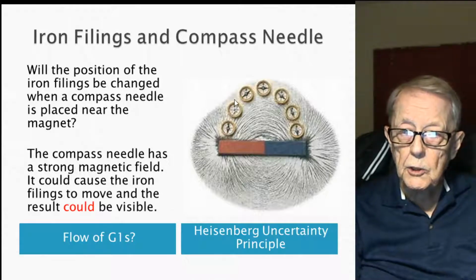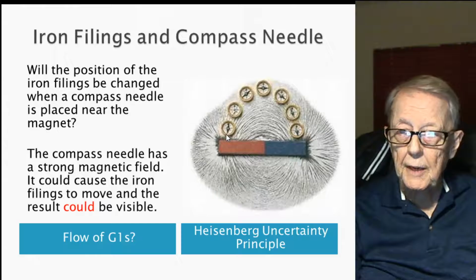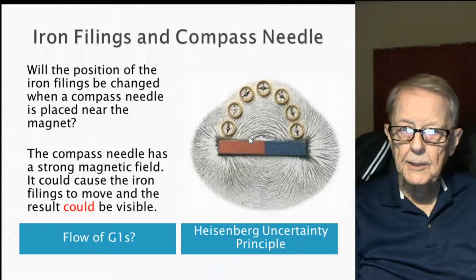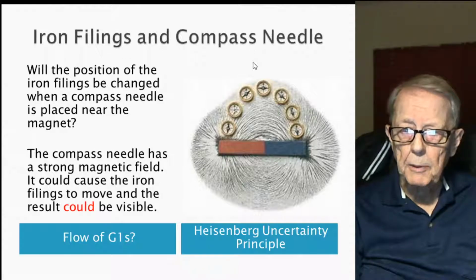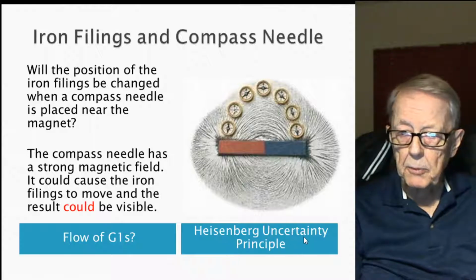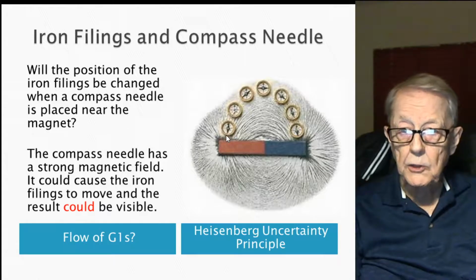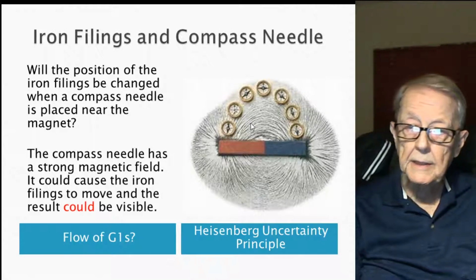You want to use the smallest compass possible with the smallest needle so that you don't disturb the iron filings. But when you have iron filings and a compass needle around a magnet, you actually almost have Heisenberg's uncertainty principle. You can't measure that line accurately because you're destroying the iron filing lines.